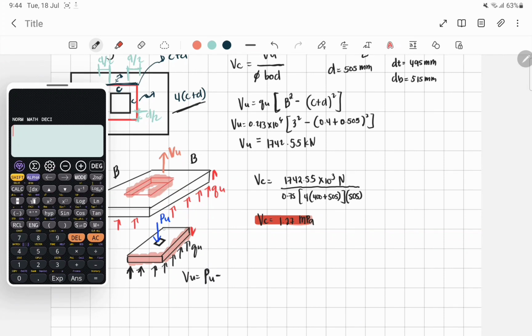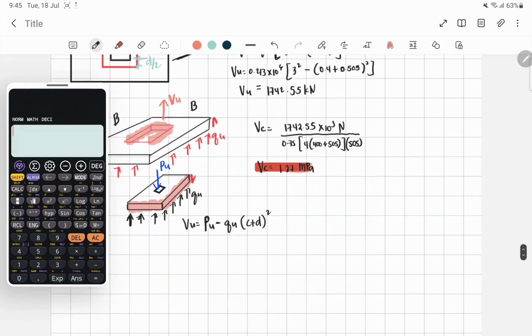So that's our PU, minus QU times the area of this, which you probably already know, that is (C plus D) squared. So that is the area of that part.